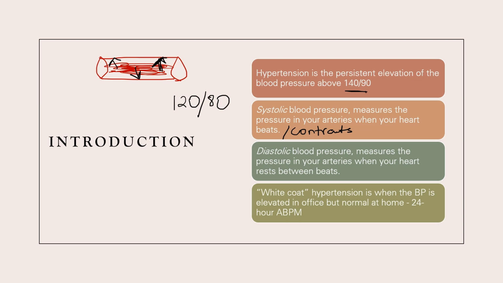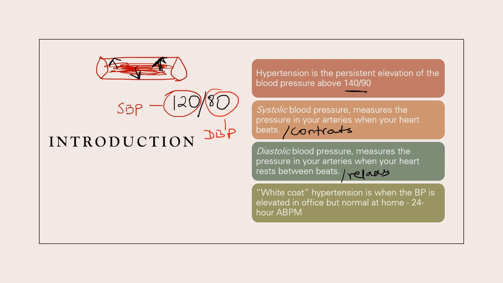This right here is the systolic blood pressure, whereas the diastolic blood pressure measures the pressure in your arteries when the heart relaxes. And this right here is the diastolic blood pressure.